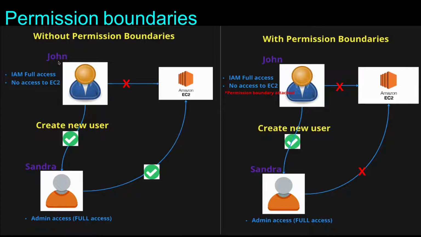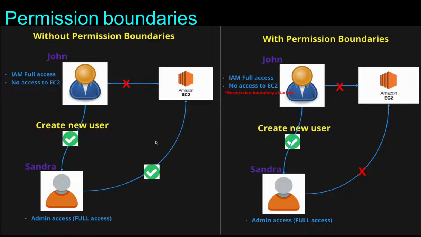But John creates a new user called Sandra and assigns admin access to Sandra. This works perfectly because John has full permission with IAM full access. Then John can access EC2 through Sandra's login. Because Sandra has admin access, she can access the EC2 instance.